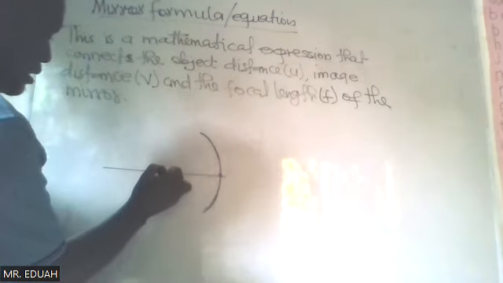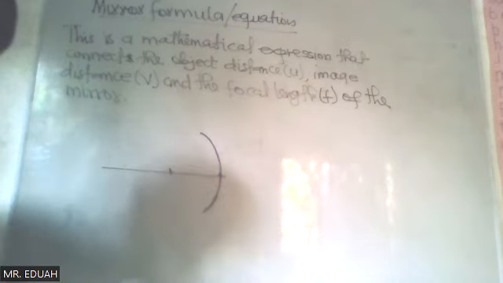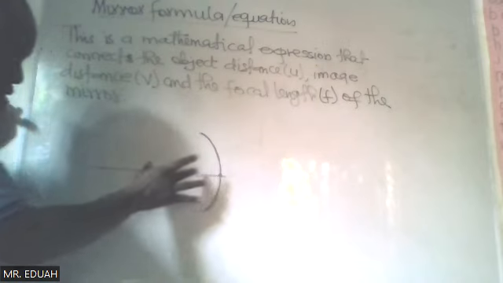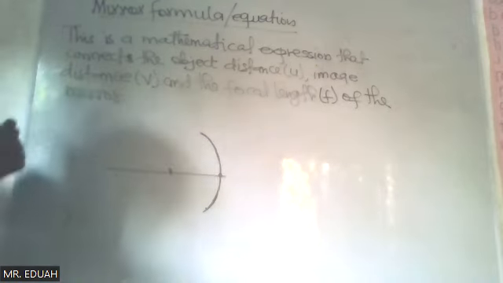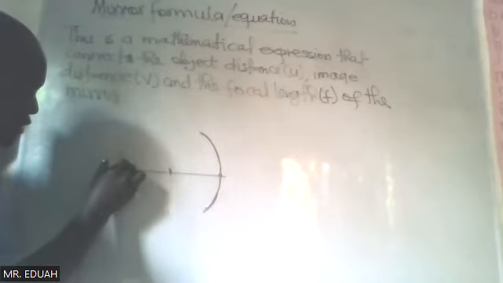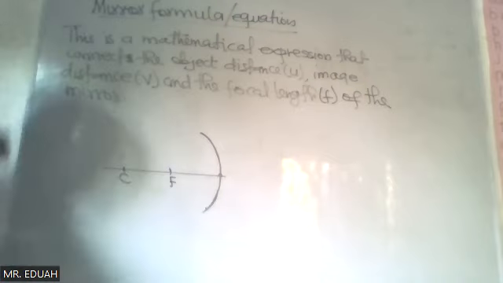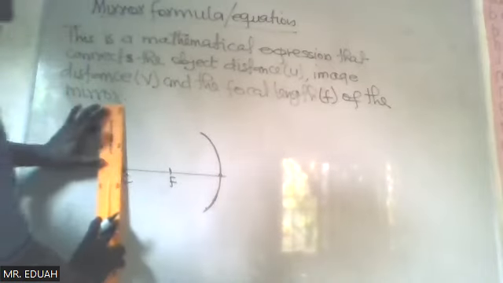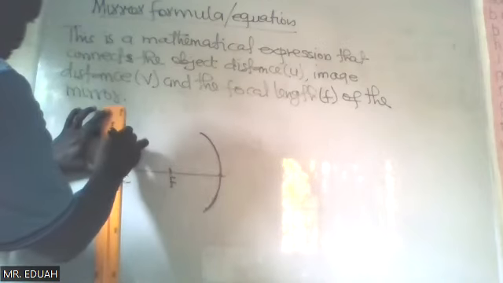Assuming this is my focal length F, I take the same measurement for C. Here you can place the object anywhere to derive the mirror formula.